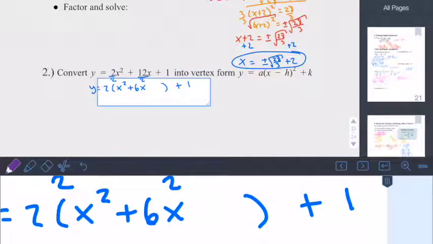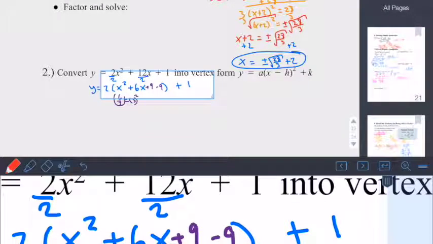Now I'm going to complete the square with my 6 divided by 2. Gives me 3. And then I'm going to square it. So I'm going to add 9. Okay, which means I need to subtract 9.